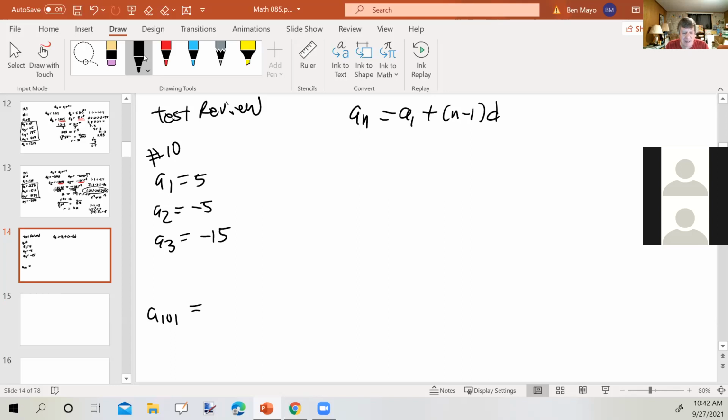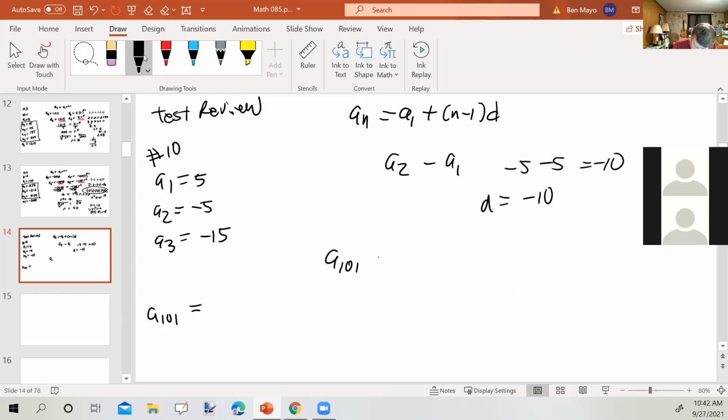Recall, with an arithmetic sequence, to find the common difference, you take any term minus the previous term. So -5 minus 5 would be -10. Okay, so d equals -10.